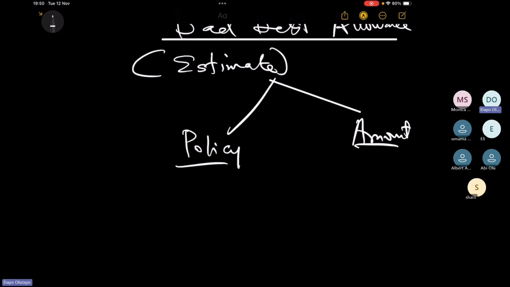Because an estimate is always your client's estimate, and they will have a policy around it. So you need to know that what they are doing is actually appropriate and they have also done it appropriately. That's the amount. So how do we test that the policy is correct? It's just testing for reasonableness. So test for reasonableness of policy.